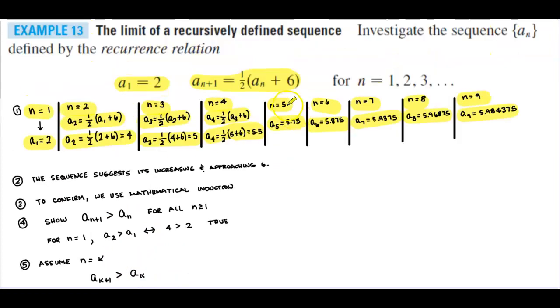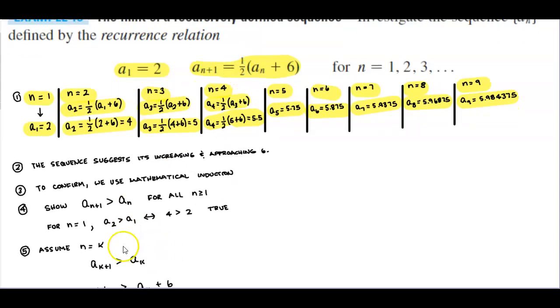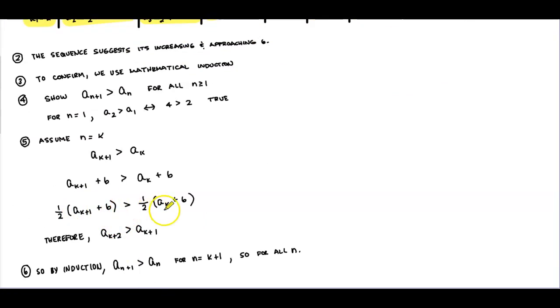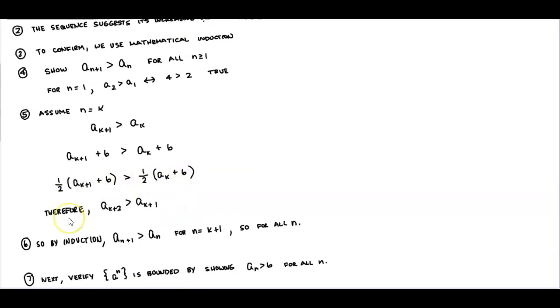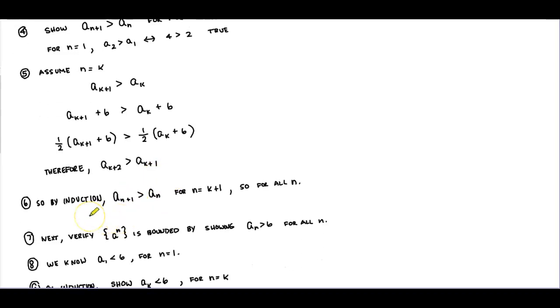Then it's being multiplied by 1/2, so now we can multiply both sides by 1/2. On the left side, we can then say that a subscript k plus 2 is greater than a subscript k plus 1. So by induction, a subscript n plus 1 is greater than a subscript n for n equal to k plus 1, so for all n.